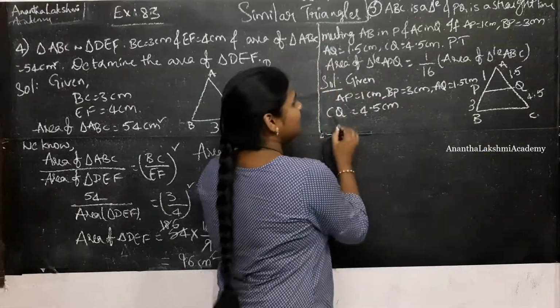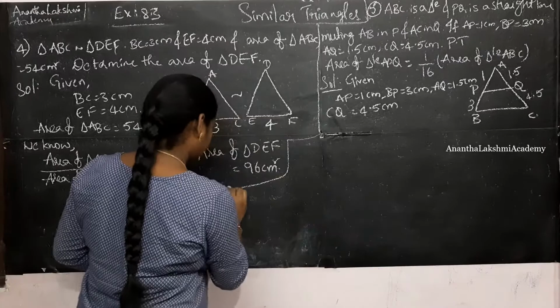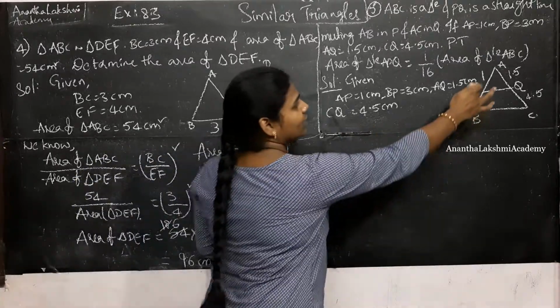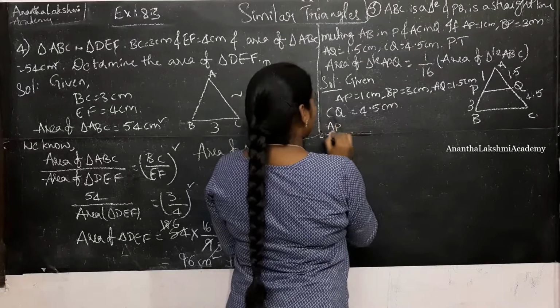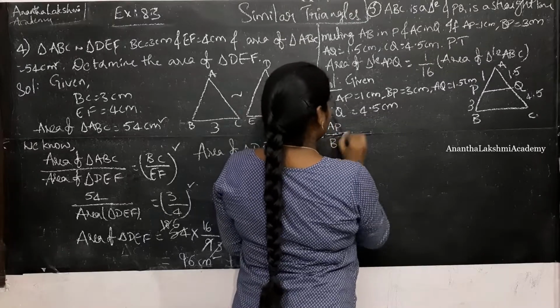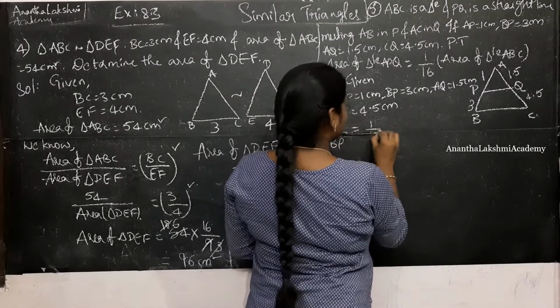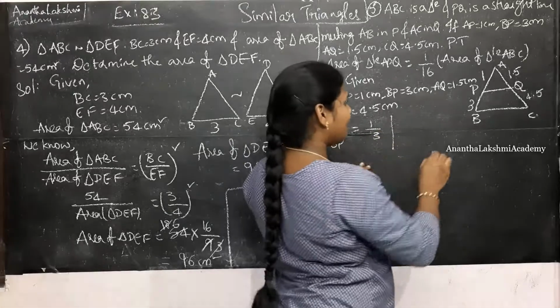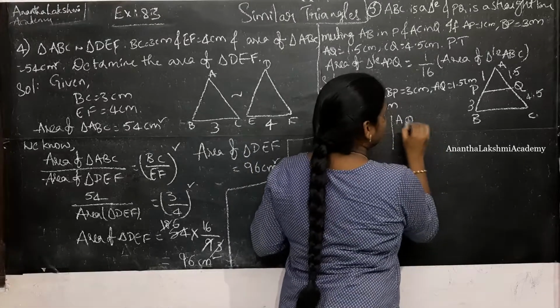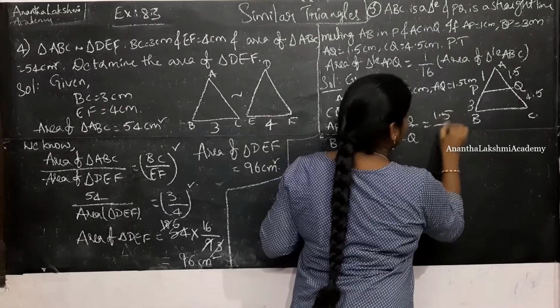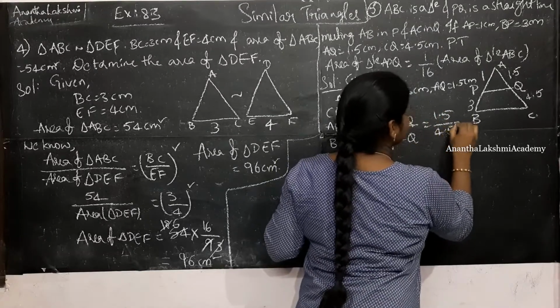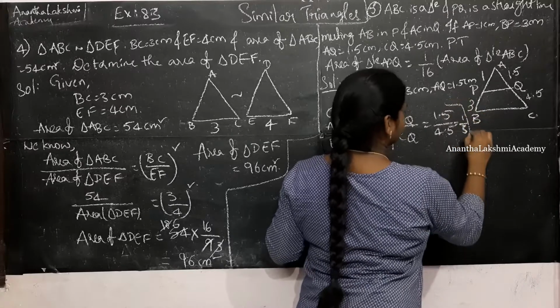Okay, let me try figuring this out. AP by BP is equal to 1 by 3. Okay, likewise AQ by CQ is equal to 1.5 by 4.5, which is nothing but 1 by 3.